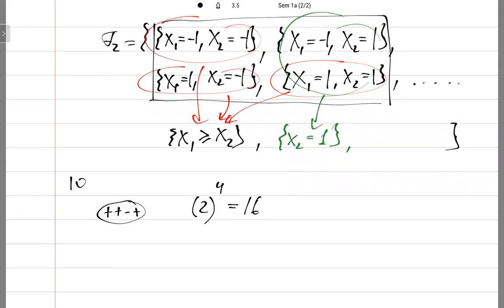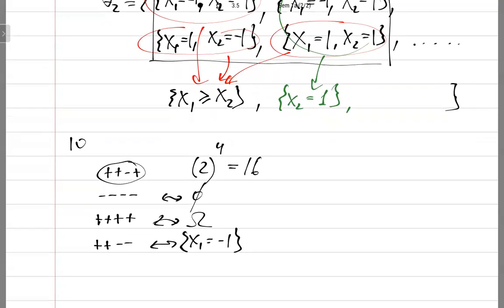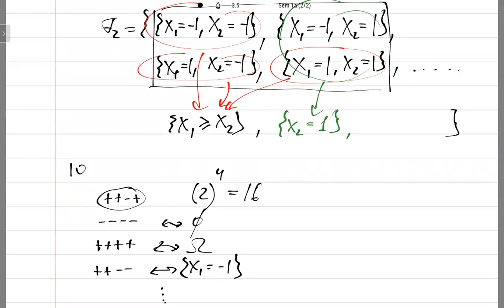For example, if you do not take any primitive event, you will obtain the empty set. If you take all the events in the combination, you will obtain omega. If you take, for example, the first one and the second one, you will obtain x1 is -1, and so on. So F2 Sigma algebra contains 16 events.